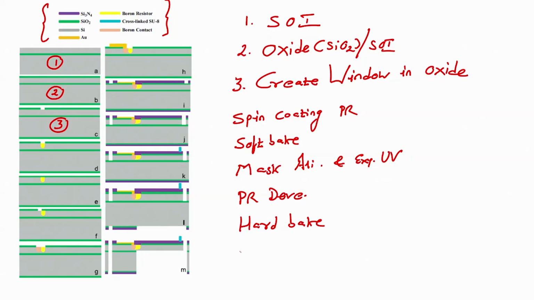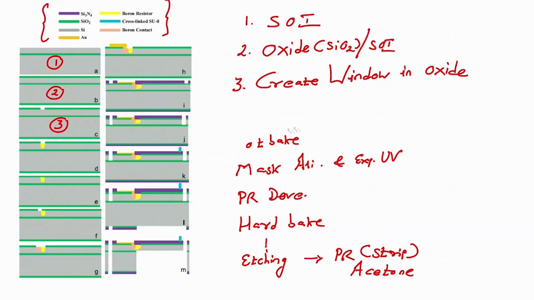And next step would be you etch whatever the material, perform etching of the unwanted material, and then finally you strip photoresist. Stripping of photoresist is done using acetone, right. These are steps for photolithography, we already know. Using these steps, what we have done? We have created a window in silicon dioxide.